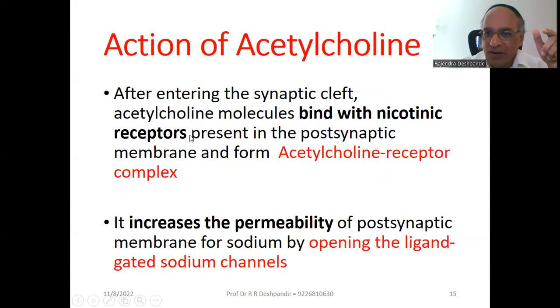nicotinic receptors present in the postsynaptic membrane, because a receptor is like a welcoming entity. I always give this example to my medical students. Suppose you have a gathering, and some prestigious guest is coming from the main gate. Volunteers are always there, and they welcome the guest, saying welcome.